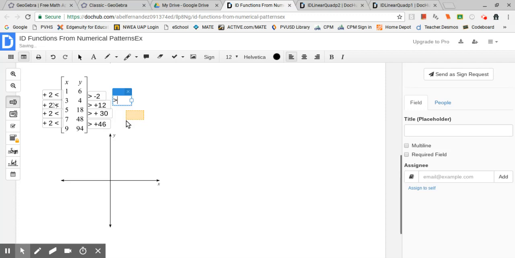So here, from negative 2 to 14, I am adding 16. Wait, let me back the truck up here. 18 minus 4 is 14, right? So the difference is 14, and I'm actually adding 16 here.